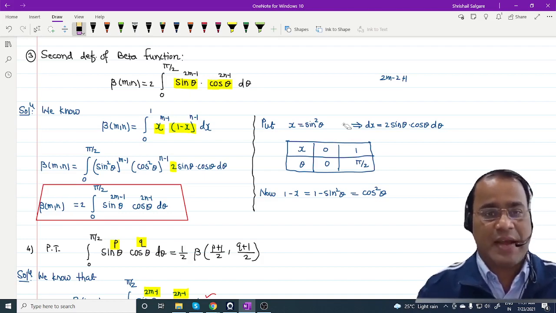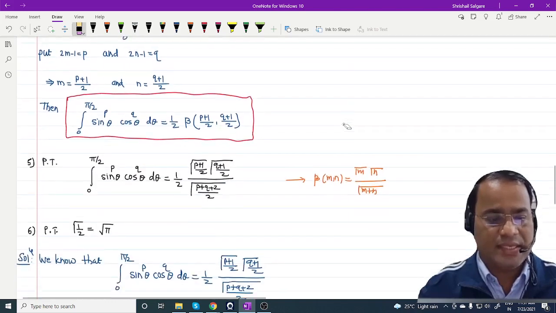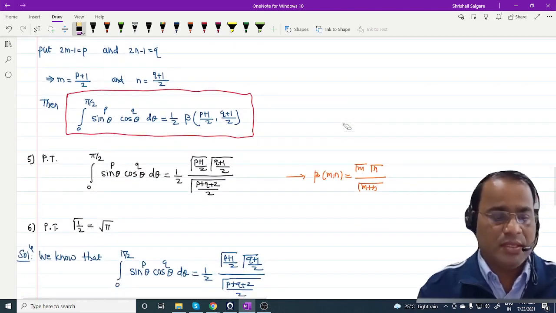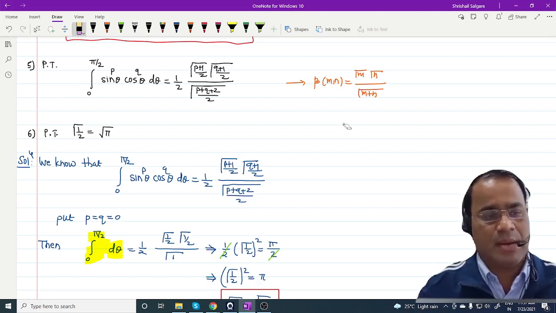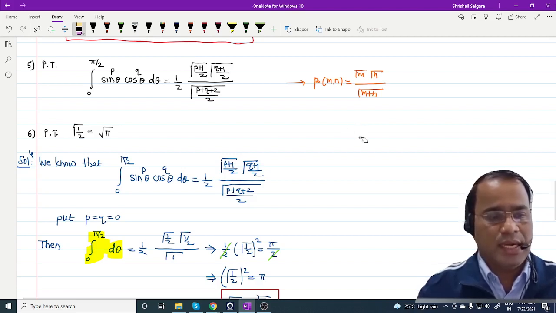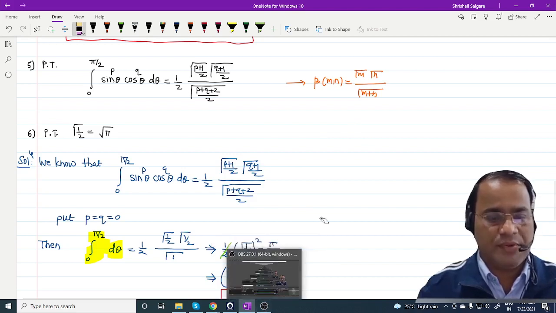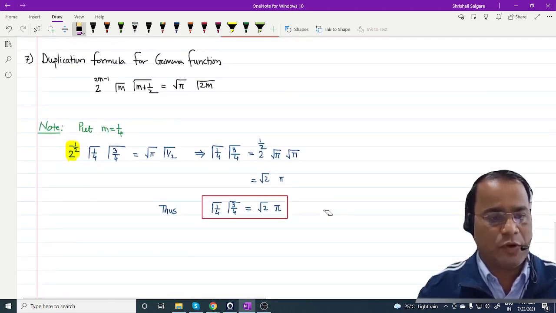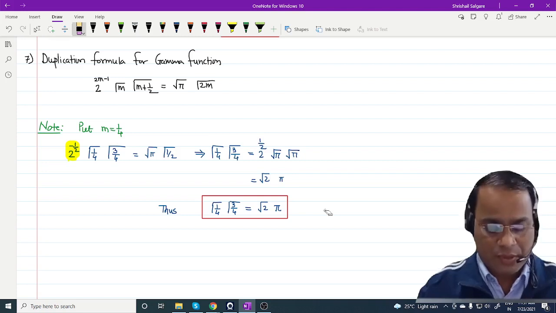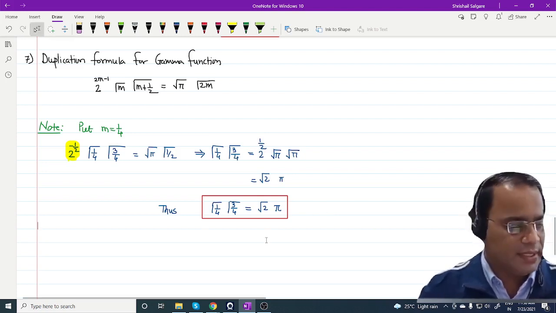That can be evaluated in terms of beta as well as in terms of gamma. Already we are using the result that gamma 1 half is root pi. That result we have proved by using the second definition of beta function, and the duplication formula to obtain the value of gamma 1 by 4 into gamma 3 by 4. Hope there are no doubts.